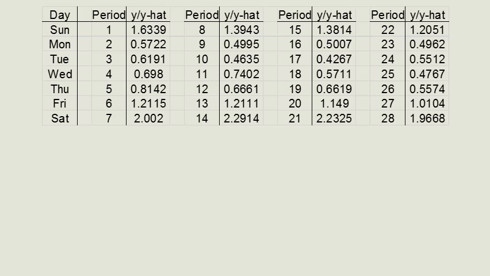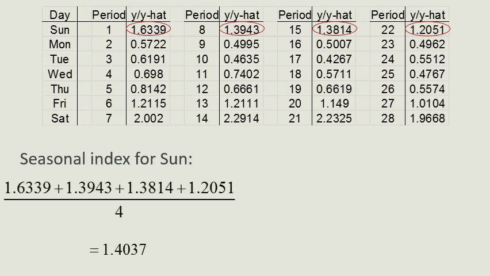Now we can start calculating the seasonal indexes. Each part of the cycle has its own seasonal index. We'll begin by finding the seasonal index for Sunday. To do this, we take the 4 values of y over y hat that are associated with Sundays. Then we average these numbers to get the seasonal index for Sunday.